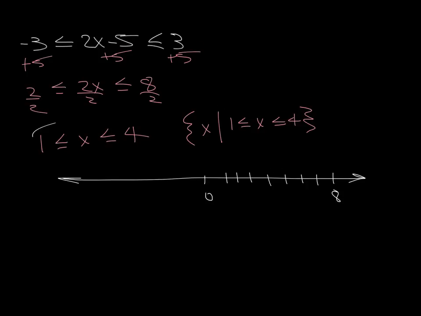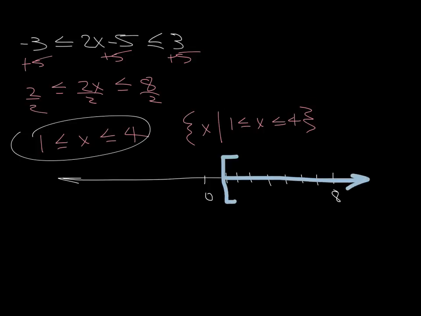We don't have any negative numbers here, so I won't worry about that. Alright, so let's go ahead and graph it, and I'm going to use a bigger pen here. Alright, so we're at 1, and 1 is less than or equal to x.